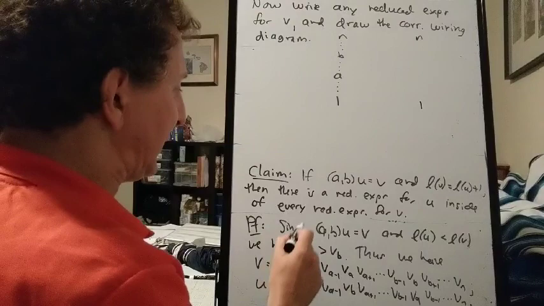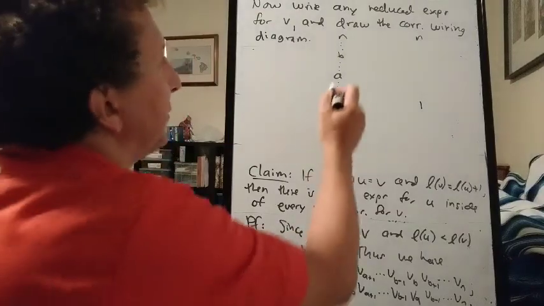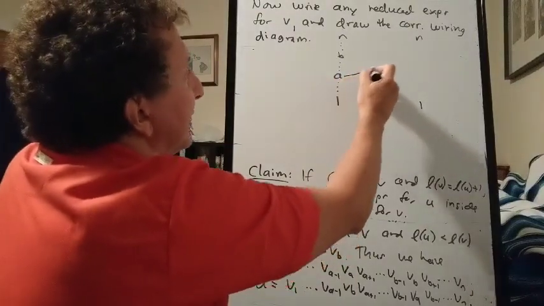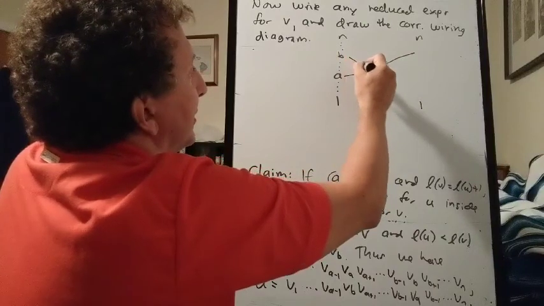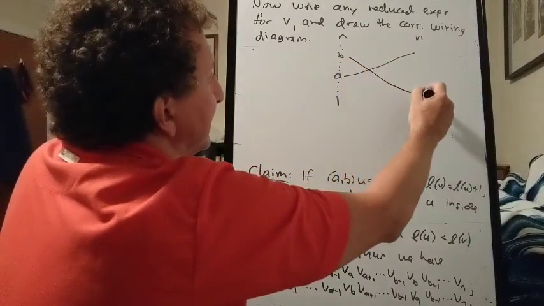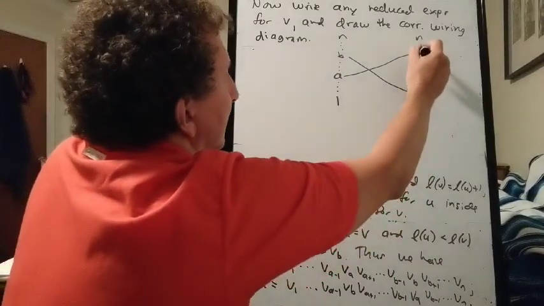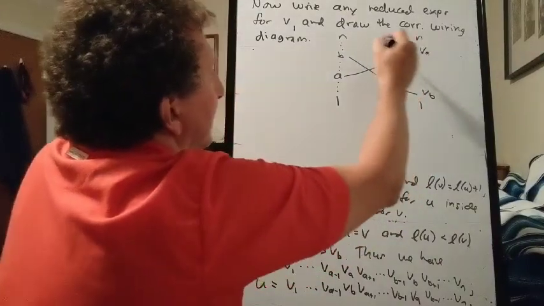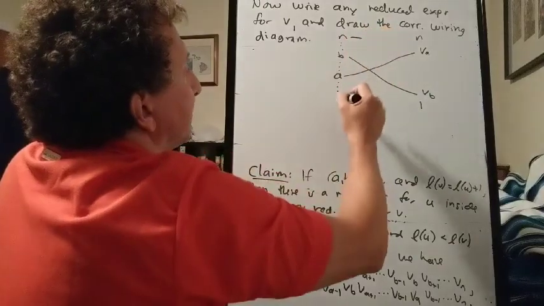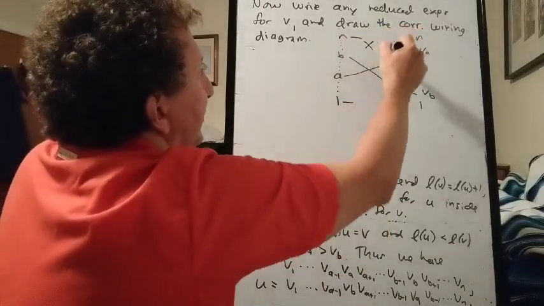Alright, since VA is bigger than VB, that means the wire starting at A ends up higher than the wire starting at B. And then there's other crossings in here.